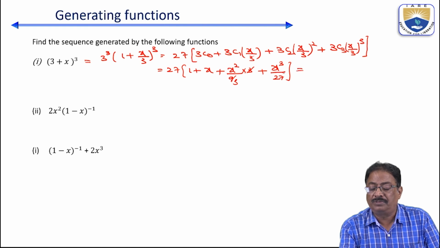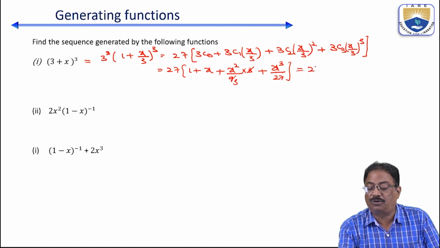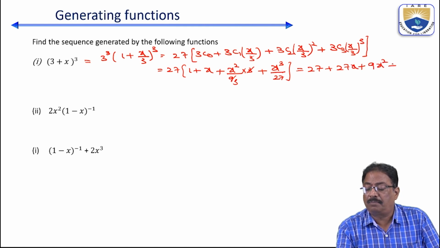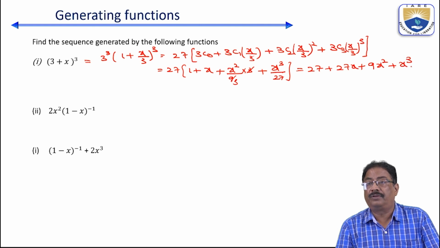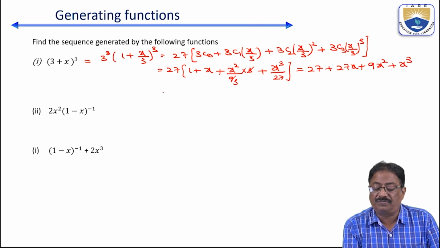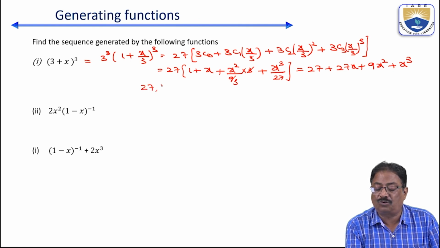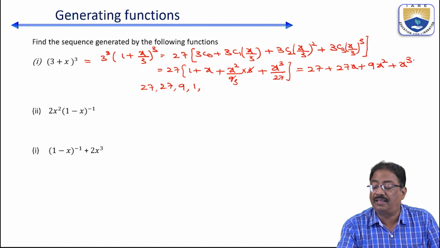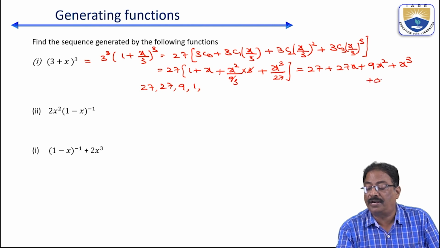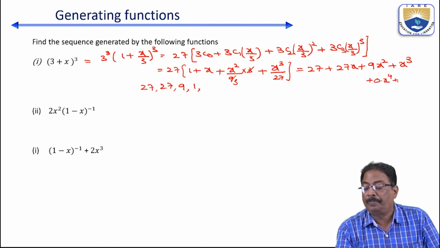Now taking 27 inside, we get 27 plus 27x plus 9x square plus x cubed. The constant coefficient is 27 and the x coefficient is 27. Next, the x square coefficient is 9 and the x cubed coefficient is 1. The remaining terms are not there, so I write them as 0x power 4, 0x power 5 and so on.